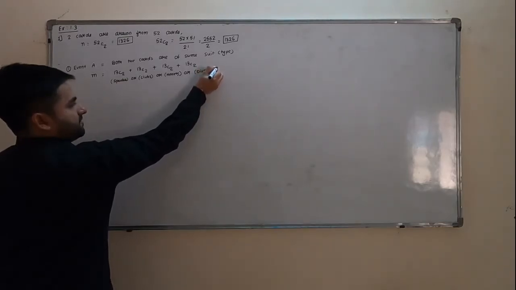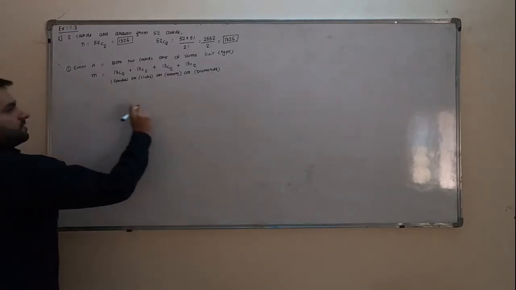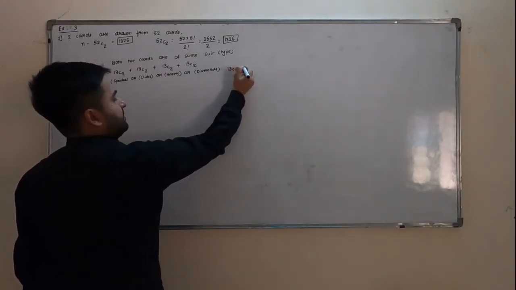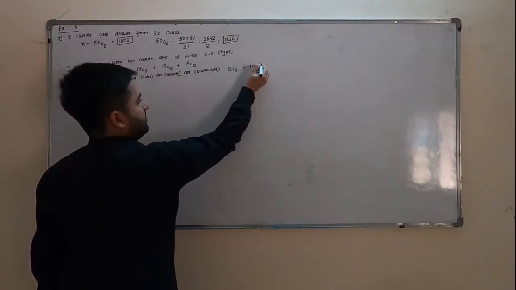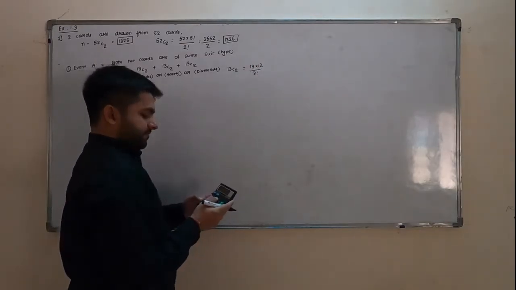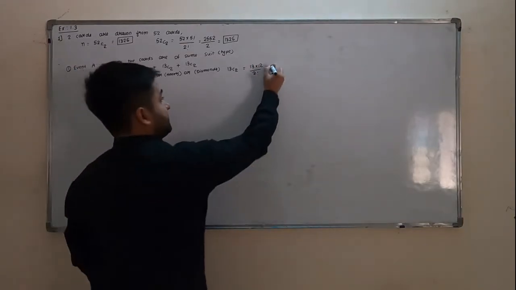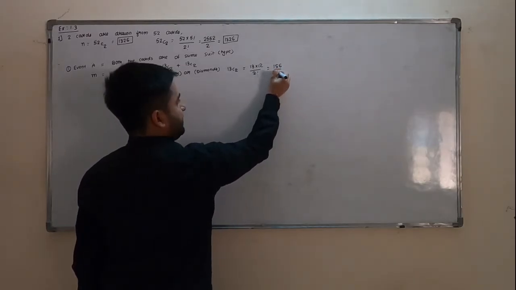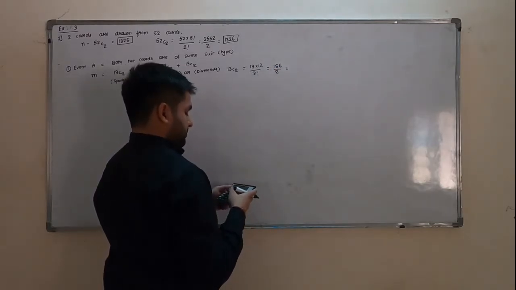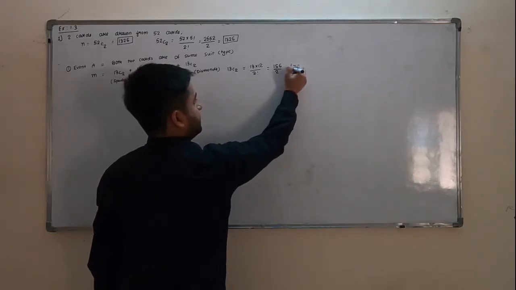Or means plus, okay, and they are of any suit. So now 13C2 is equals to 13 into 12 by 2 factorial. 13 into 12 is 156 by 2, 78.